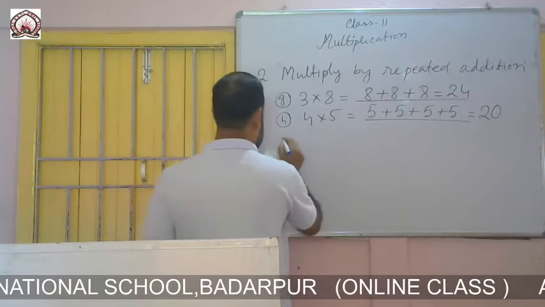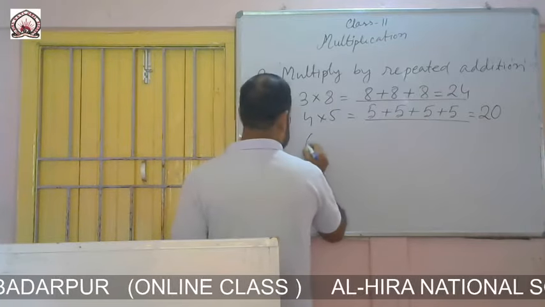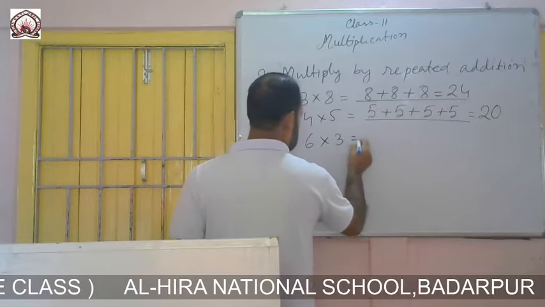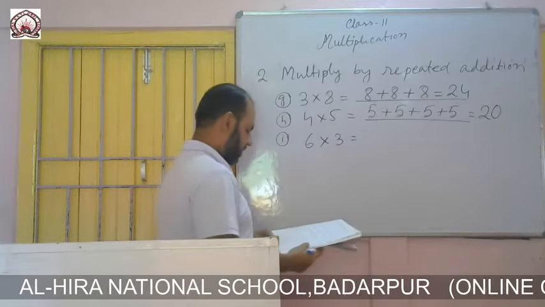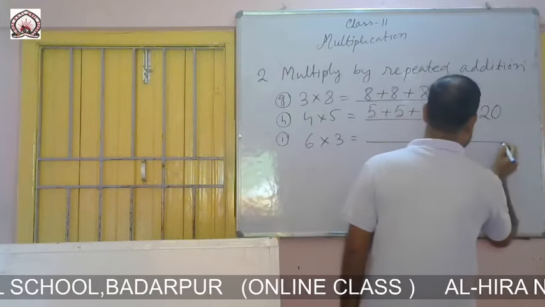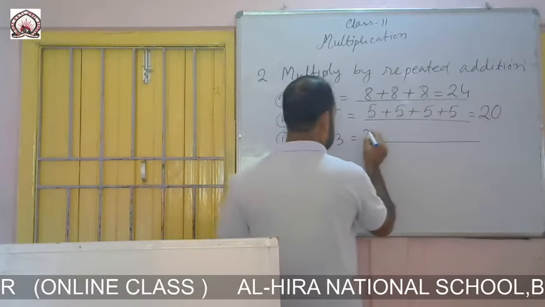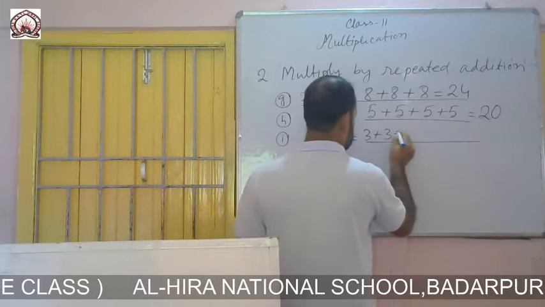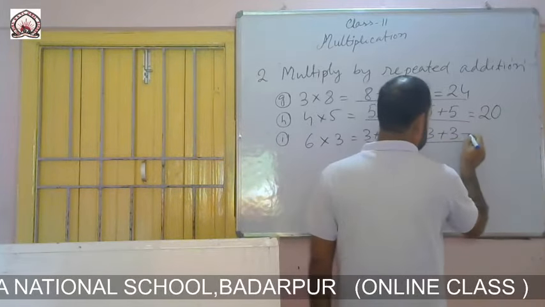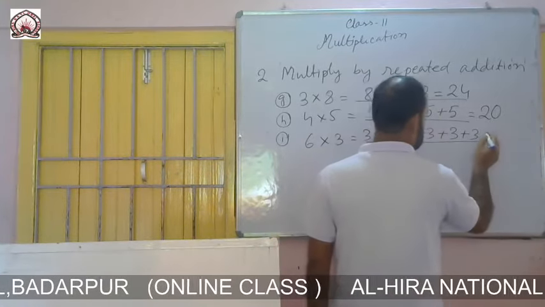Next, question number I. 6 into 3. Here 3 6 times. 3 plus 3 plus 3 plus 3 plus 3 plus 3. 1 2 3 4 5 6.